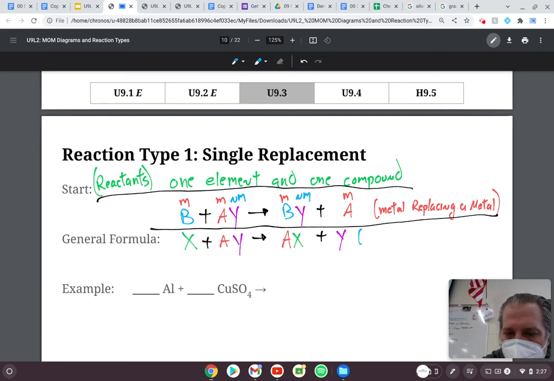And so this would be for a nonmetal replacing a nonmetal.